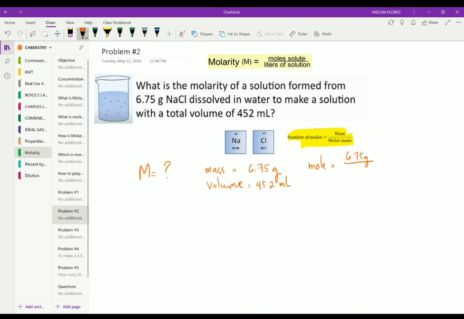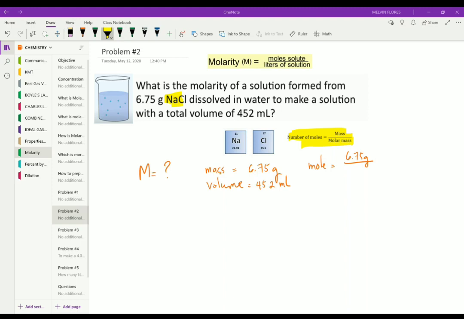Remember our calculation of molar mass: you have to add all the masses of the elements and multiply by the number of atoms. For example, in the formula NaCl, there's one atom of Na and one atom of Cl. So you are just going to use the mass of Na and Cl in calculating the molar mass.